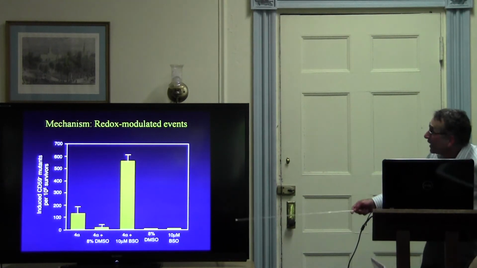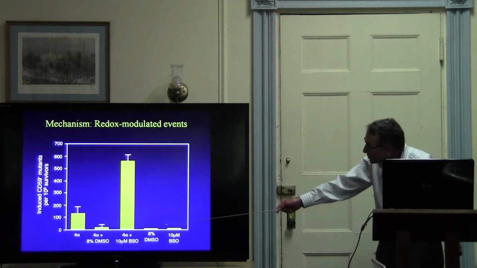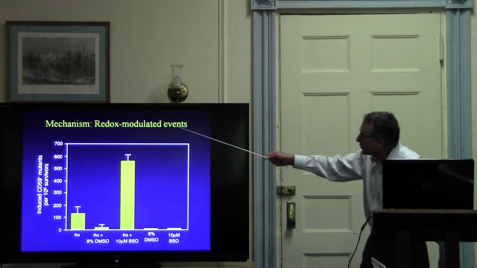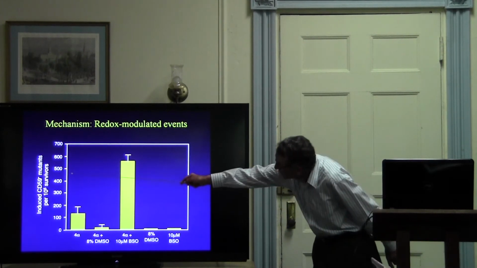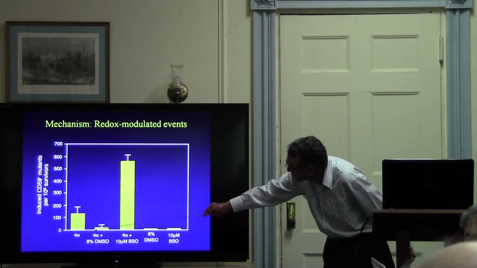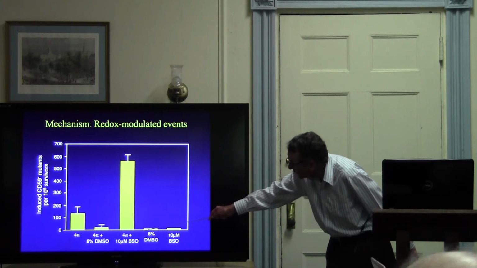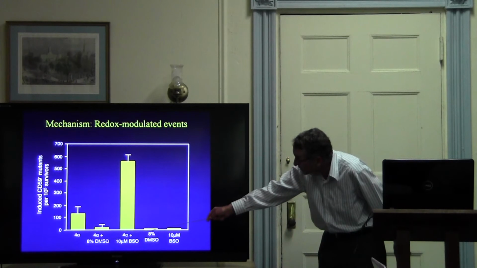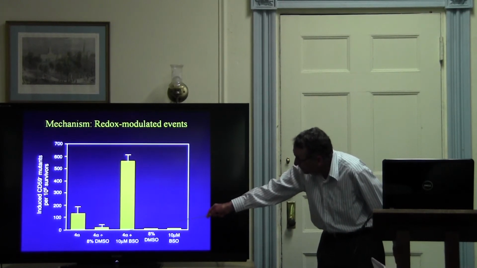And here, again, the experiment from Lejeune, to confirm the involvement of redox-modulated events, looked at the CD59 mutation. The cells received 4 alpha particles. If he treats with the hydroxyl radical scavenger, DMSO, the mutation frequency was totally reduced.